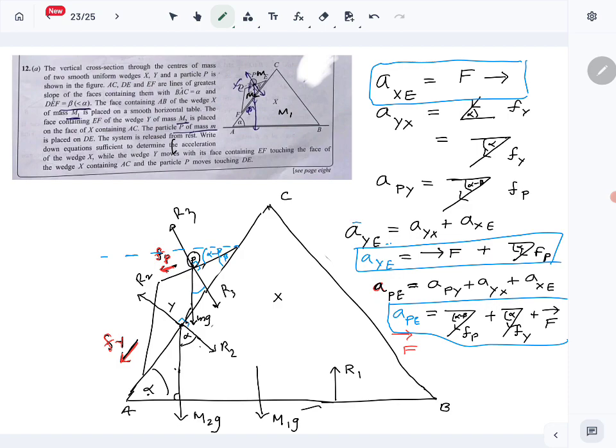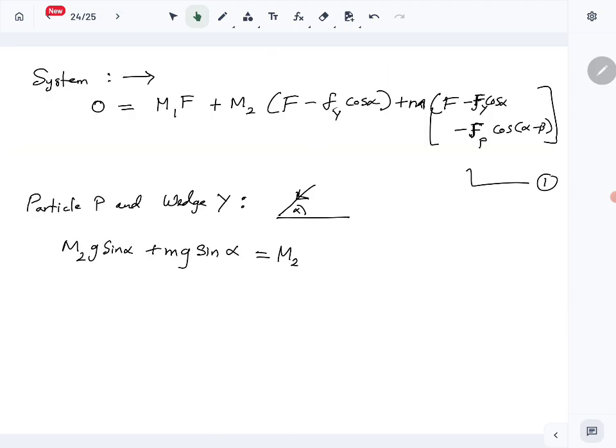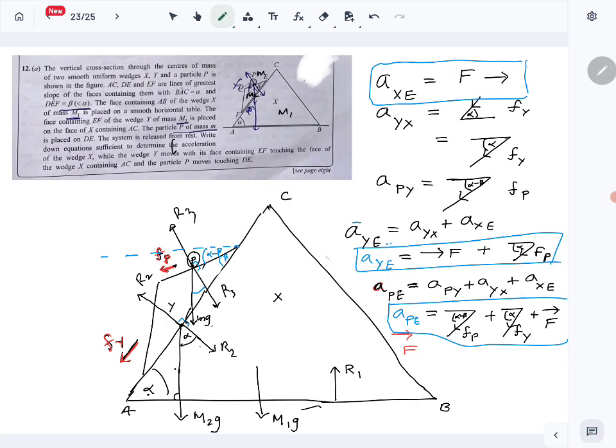M2 is the wedge y, so fp is in that direction. So simple fp. What about the other one, capital F? Capital F is not in that direction, so capital F, you can move it to here.